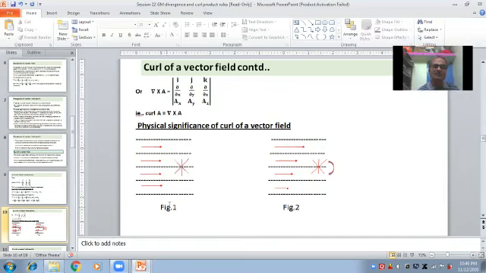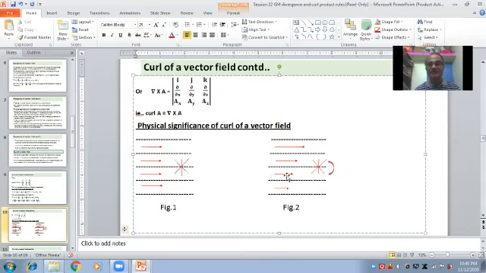In figure 1, these arrow marks of equal magnitude indicate that all the layers of this fluid are moving with the same velocity. And here we have kept a paddle. So this paddle is not rotating here.